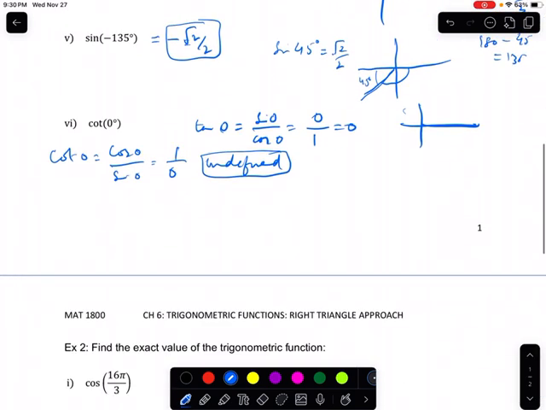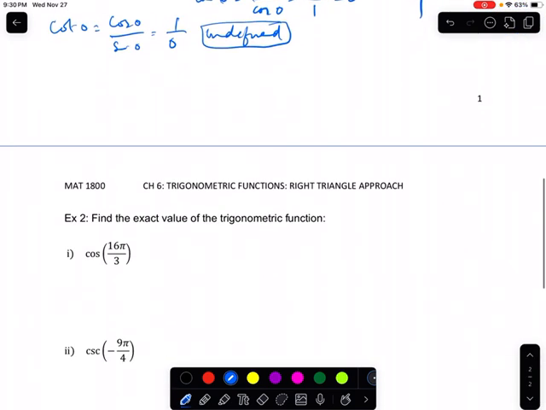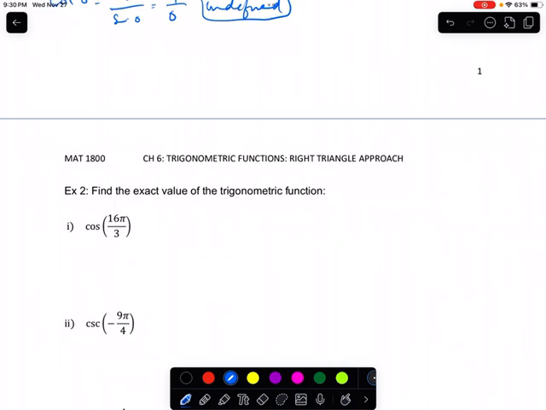Moving forward, the next example is the same thing, but now our angle is in radian measure. So we will do the same thing that we did previously. We have to figure out where the terminal ray of this will end up.